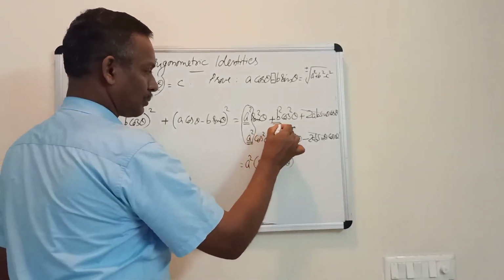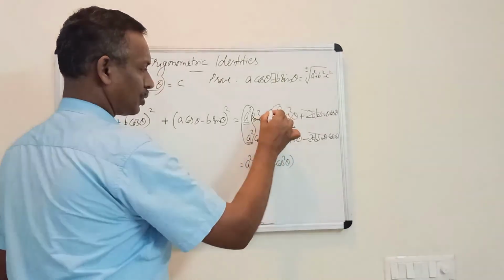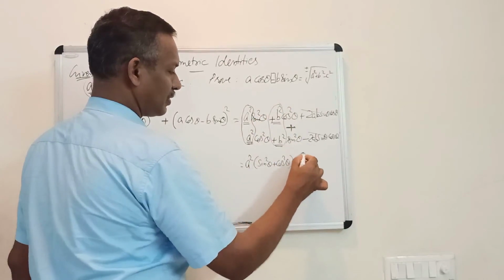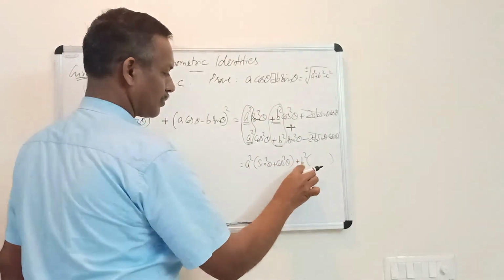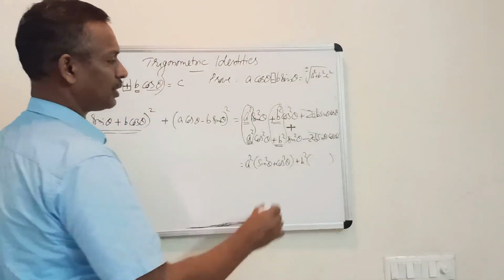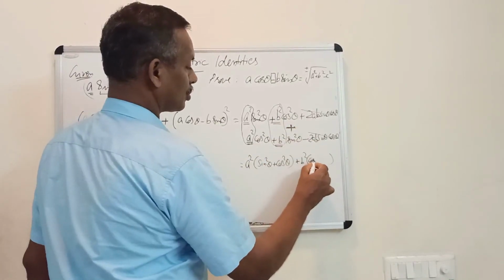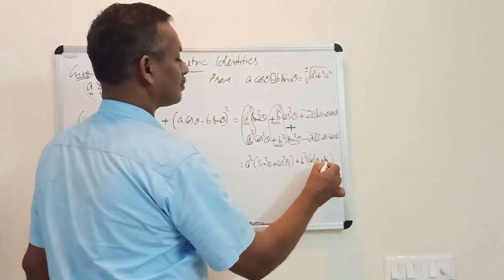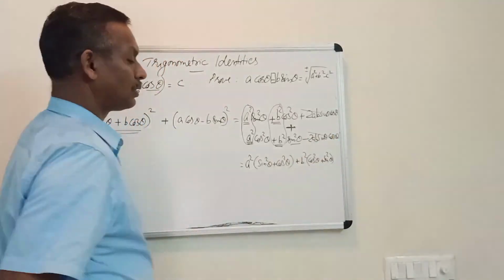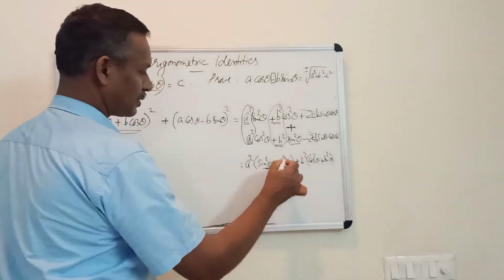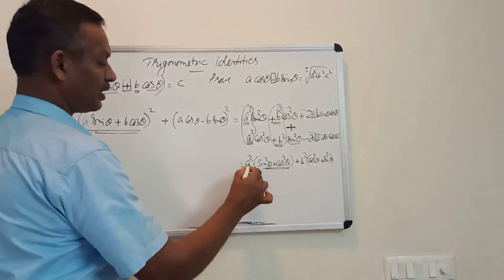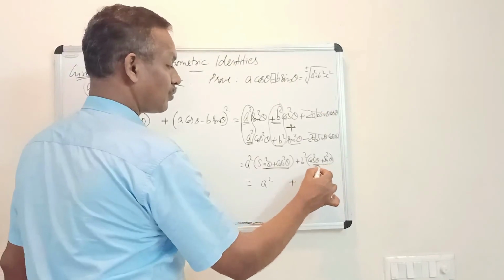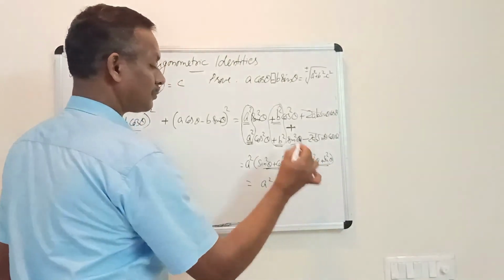And here also both are positive signs and b square is common. When b square is taken common, you will get cos square theta here and plus sin square. You all know that, what is sin square theta plus cos square theta? It is 1. 1 into a square is a square, plus here again 1 into b square is b square.